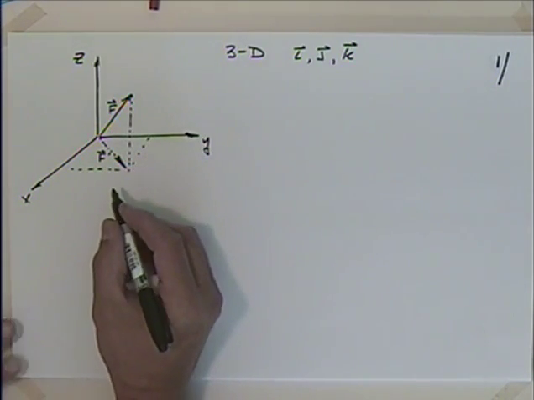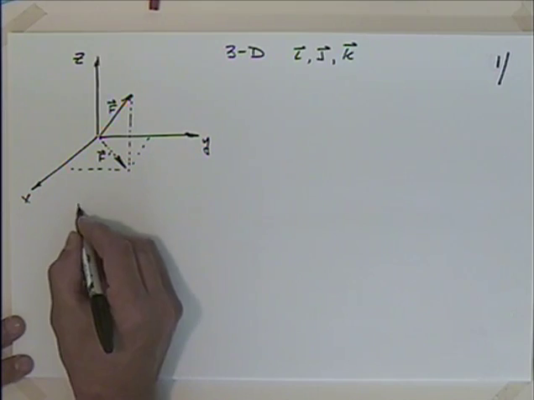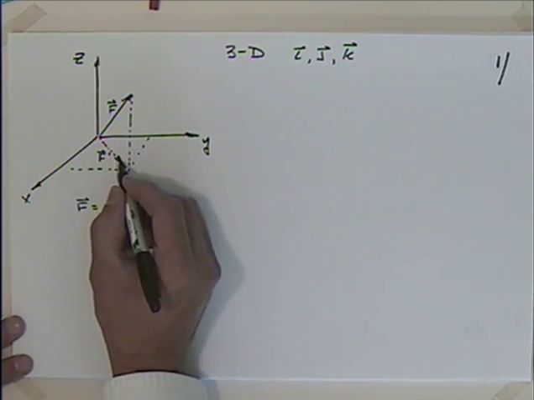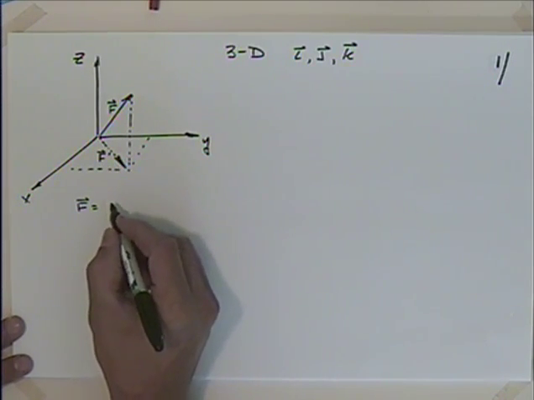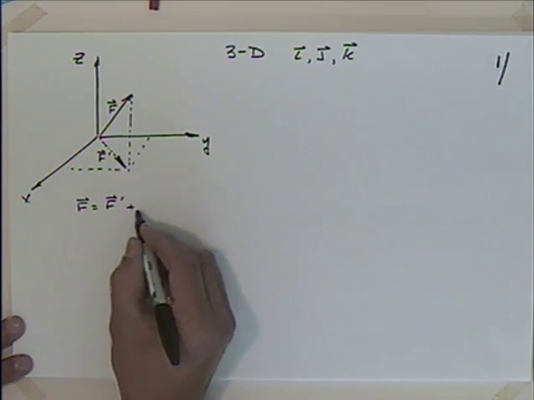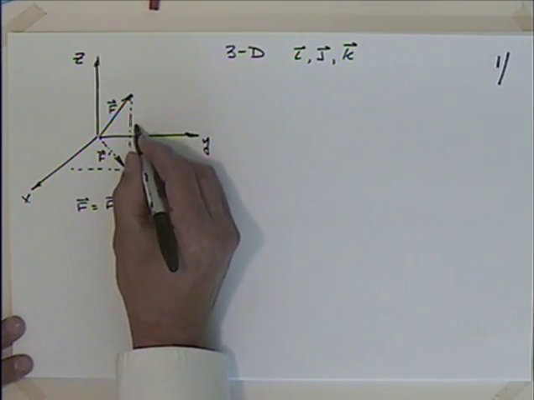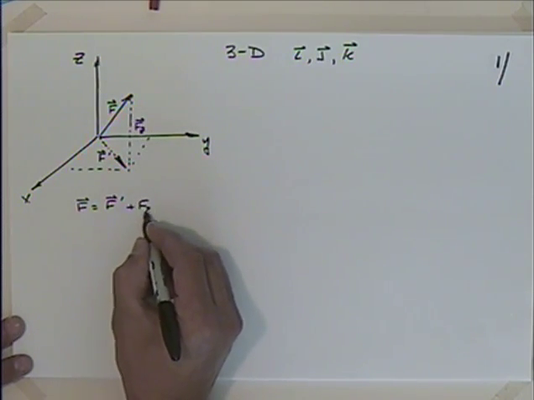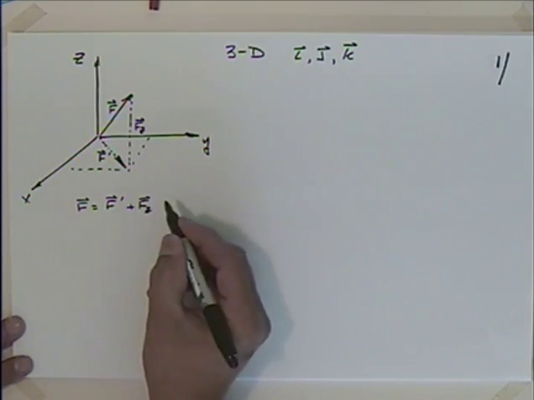So if we pick up where we left off last time, we could say that this vector f was really equal to its projection on the xy plane, which would be f prime, plus the z projection.